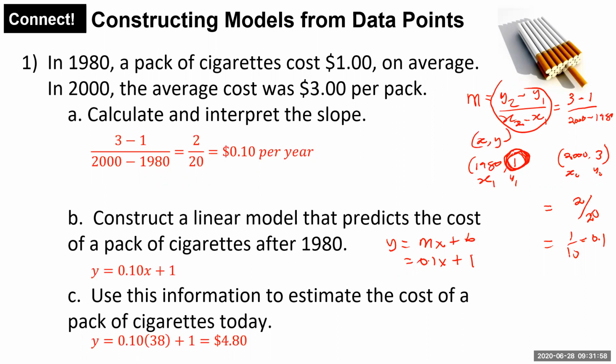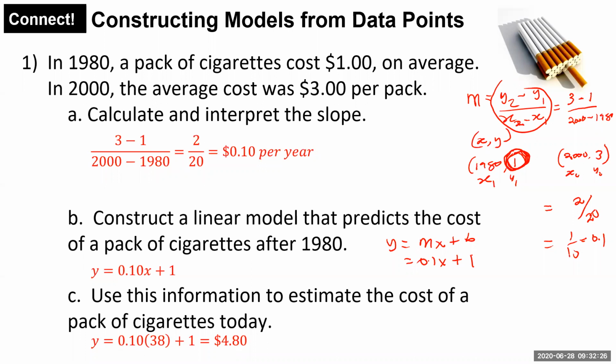So 1980 minus... you have to take, we are in 2020, right? So 2020 minus 1980 gives you 40.